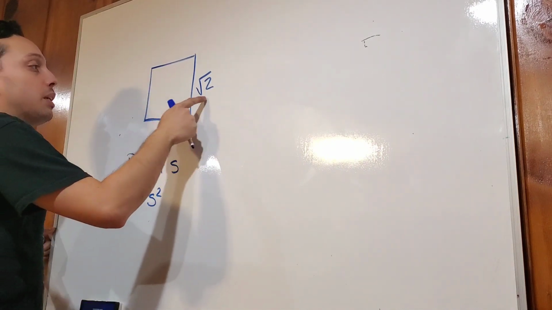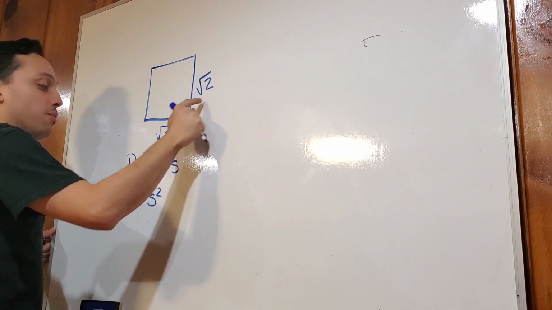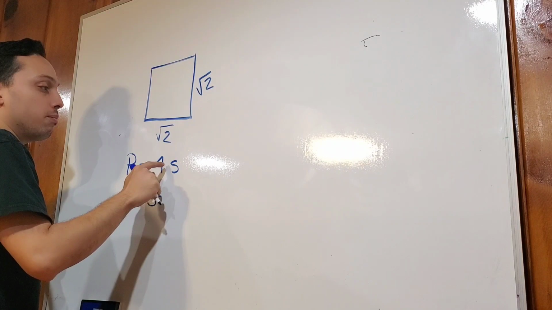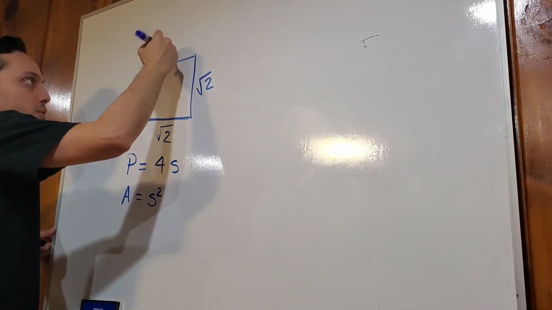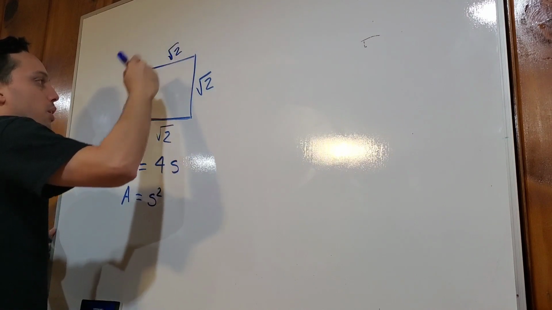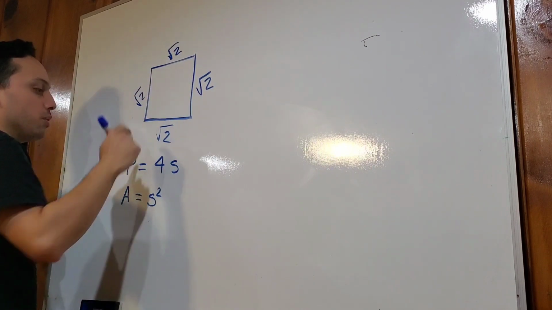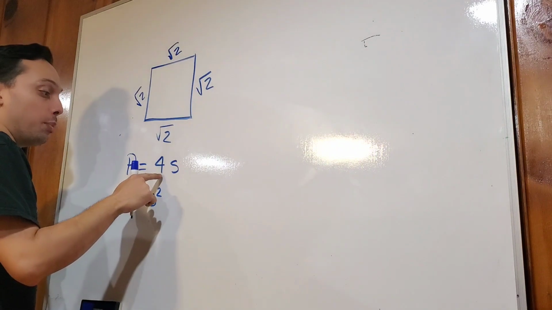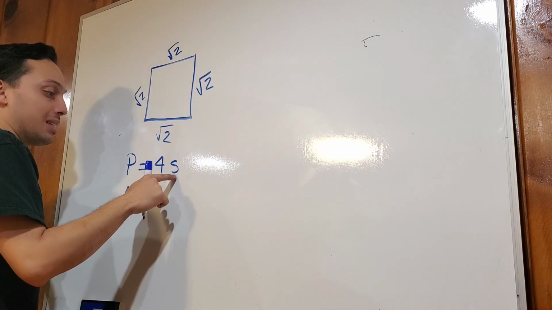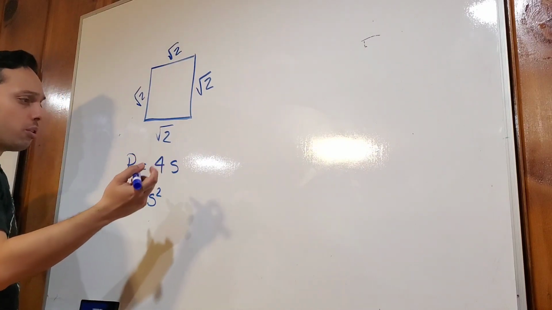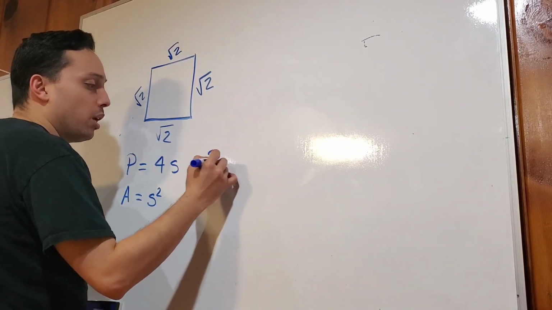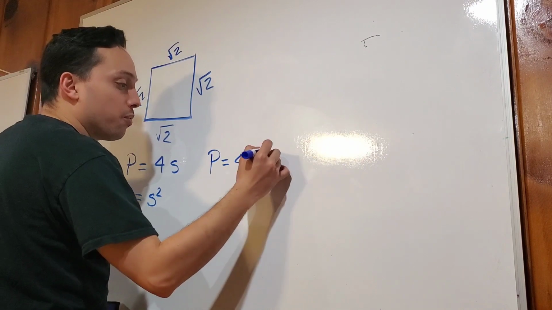Because one side is square root of 2, the other one is square root of 2, this one is square root of 2 as well, and the other one is square root of 2. So the perimeter is going to be 4 times the side, and so what we need to do to solve this is to write perimeter equals 4 square root of 2.